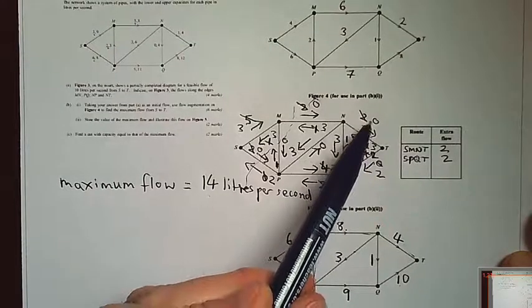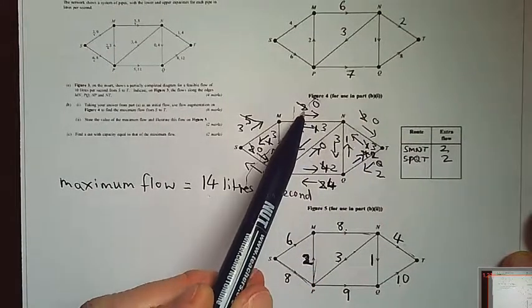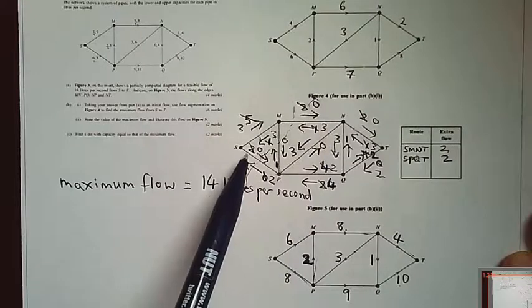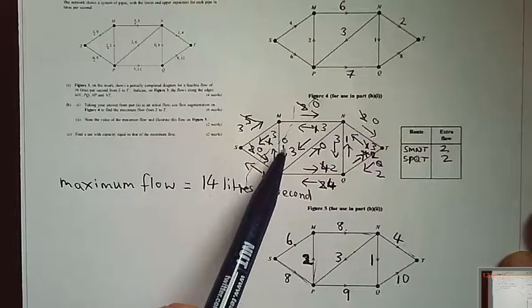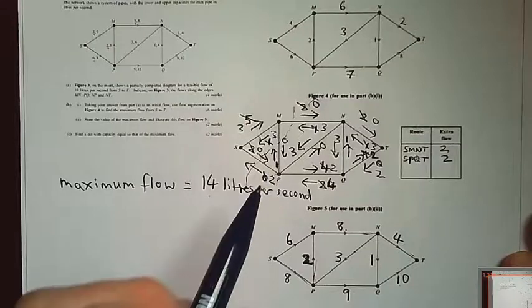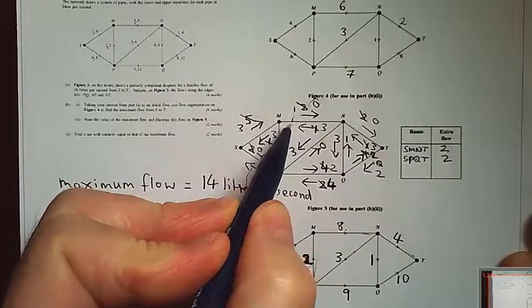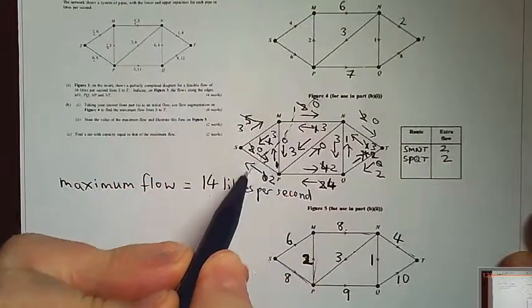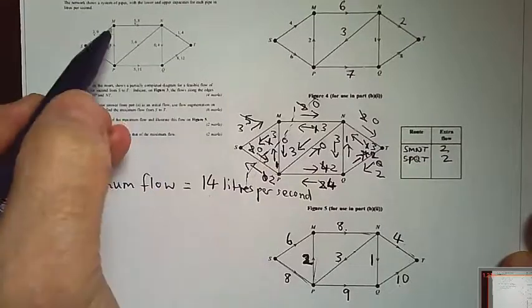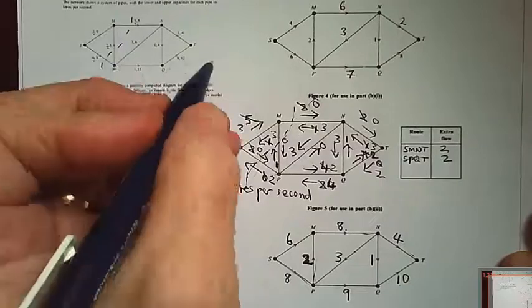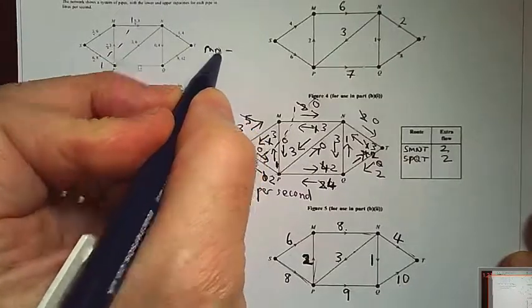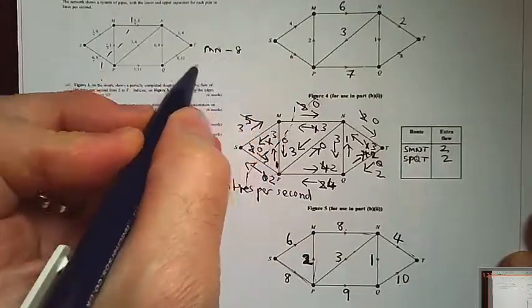Well, we can't do anything from NT, so looking at these two, we can see that here, because there's 0 going directed that way, we could use that cut there. So that cut there goes like that. So MN, the maximum is 8.